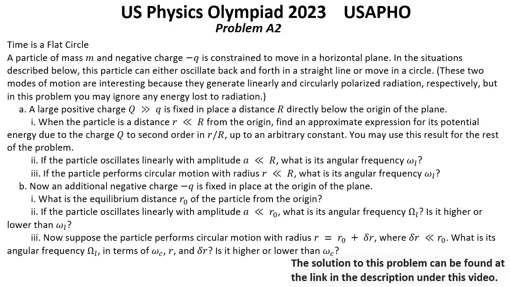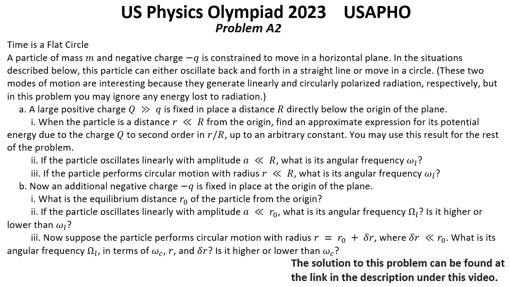US Physics Olympiad, year 2023, USAJMO, final round. Problem A2. Time is a flat circle. A particle of mass m and negative charge negative q is constrained to move in a horizontal plane.